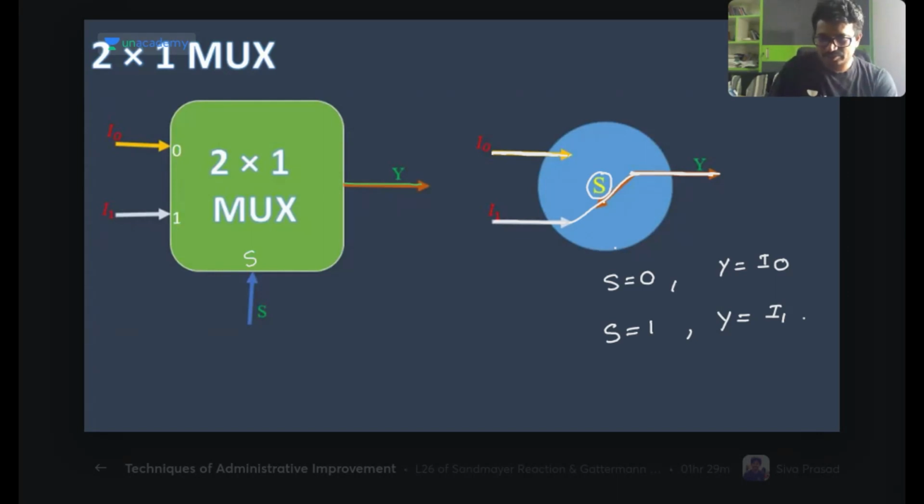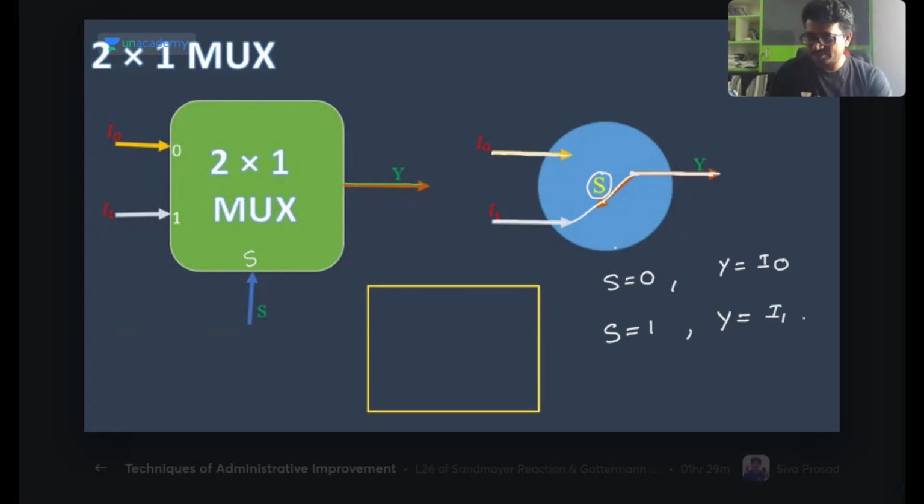Right. So you can see the truth table, we can develop it now. Now you can see this is my select line and this is my output here. When S value is equal to 0, what is the output? It will be I naught. When S value is equal to 1, output is I1.